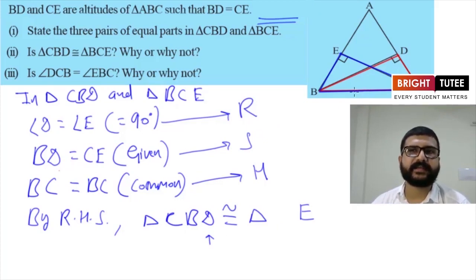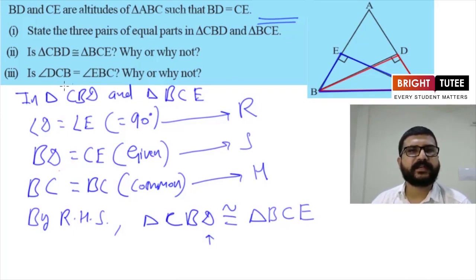Now see here in triangle CBD, the vertex opposite to BD is vertex C, and the vertex opposite to CE for triangle BCE is B. So it means this C from triangle CBD corresponds to B of triangle BCE. So it means C is written in the beginning here, we are going to write B in the beginning here. So now we are left with only one vertex from triangle BCE, that is C. So now the relation is triangle CBD is congruent to triangle BCE.